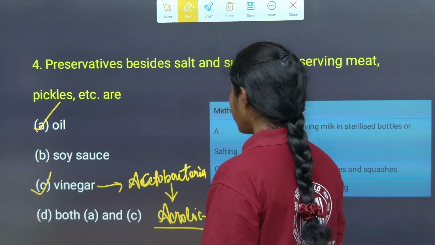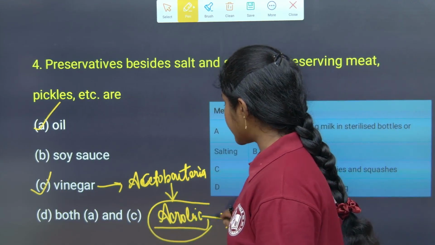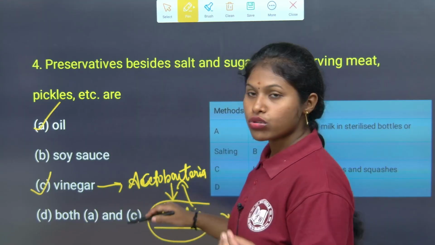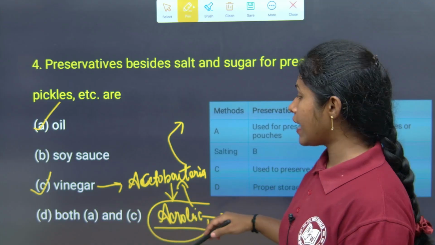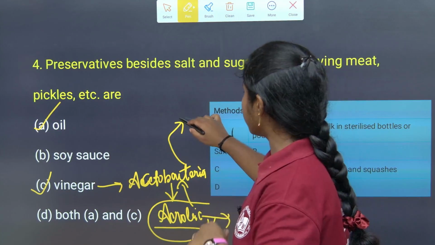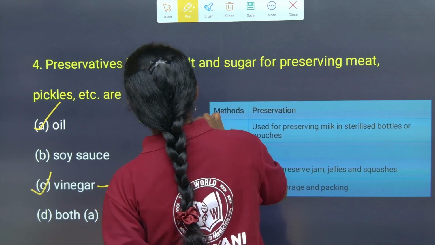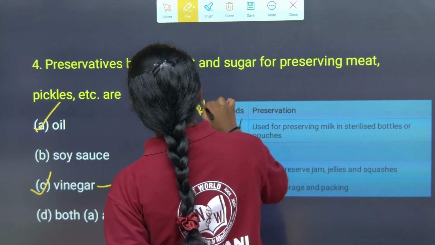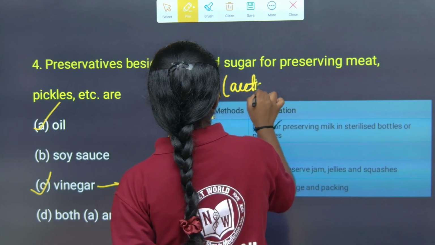The bacteria that use oxygen for their respiration, we call them aerobic bacteria. Example is Acetobacter, which in the fermentation process acts and converts alcohol into vinegar, right? So vinegar is acetic acid, children, acetic acid.